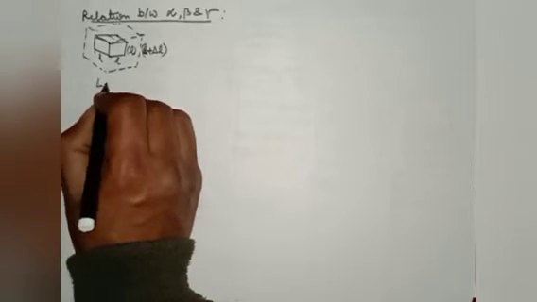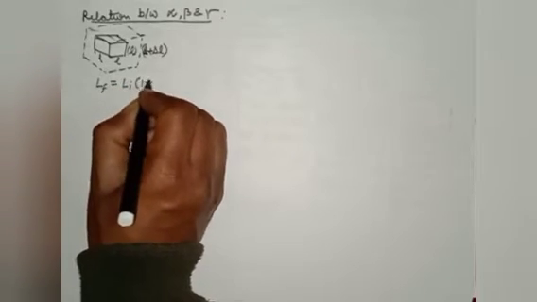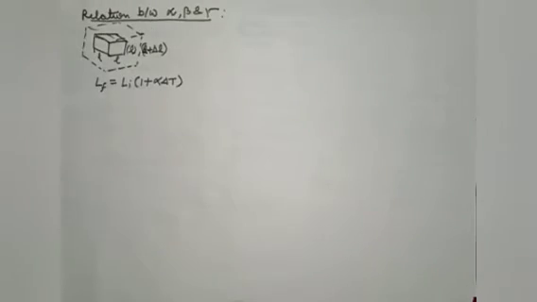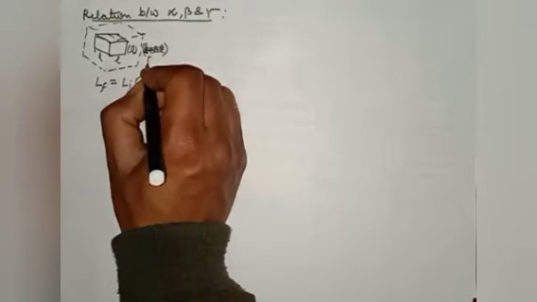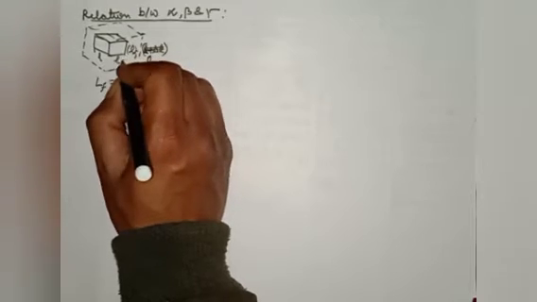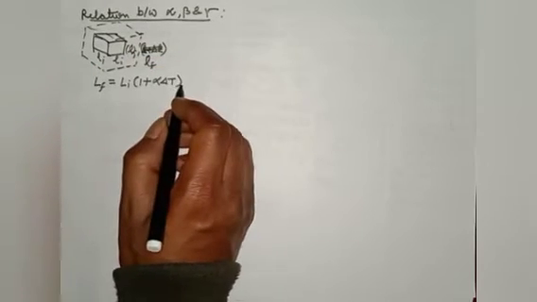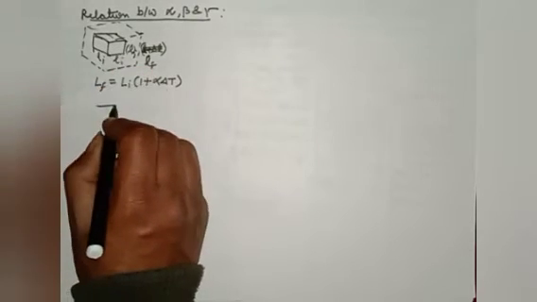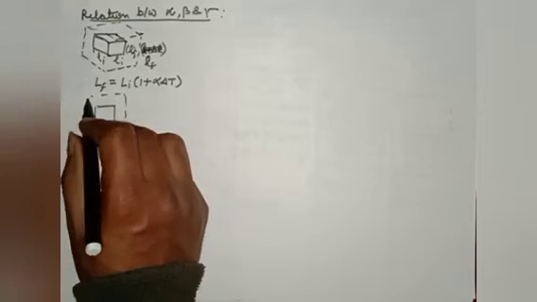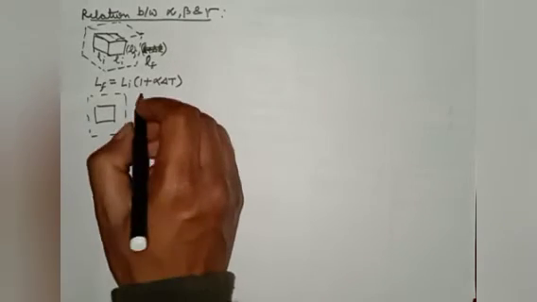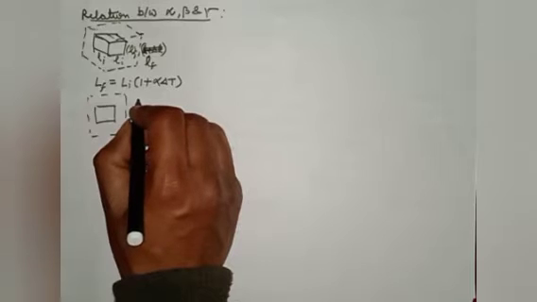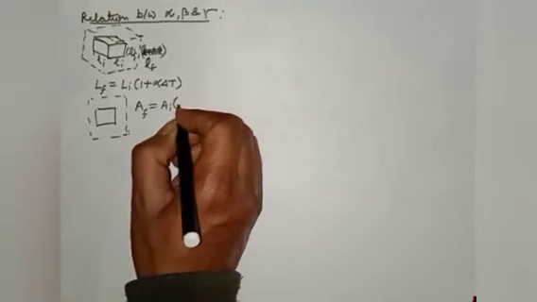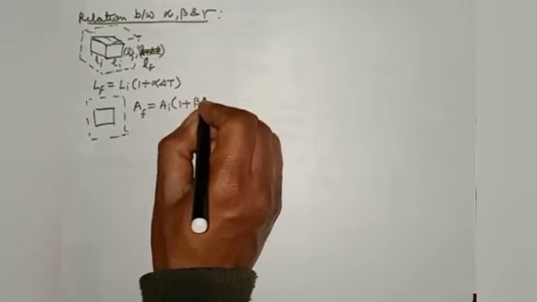We know that Lf is equal to Li (1 plus alpha delta T). To avoid confusion, let's write this Lf and this as Li. So that's all for the first step. Now, second step, let's see about its surface. Its surface earlier was this and now has become this one. So Af is equal to Ai (1 plus beta delta T).